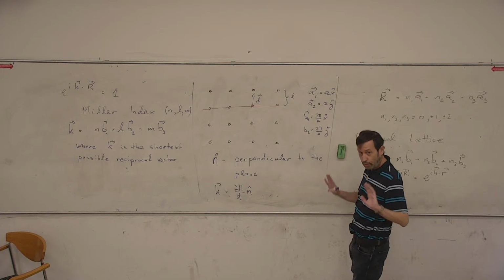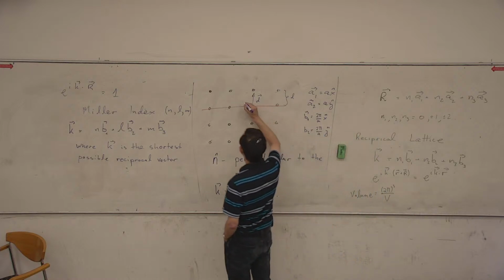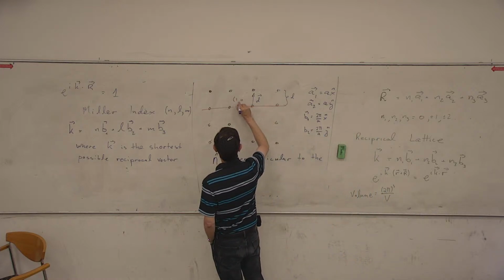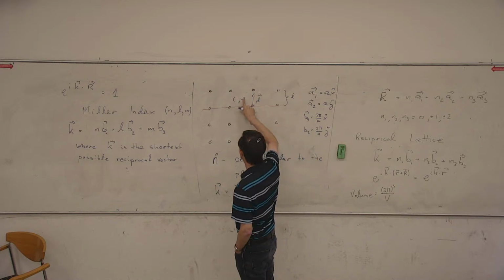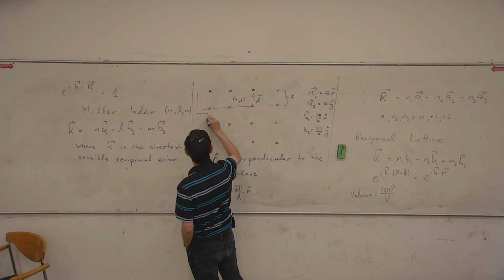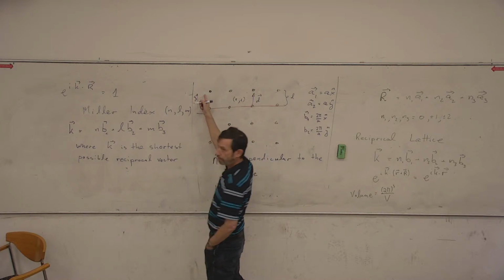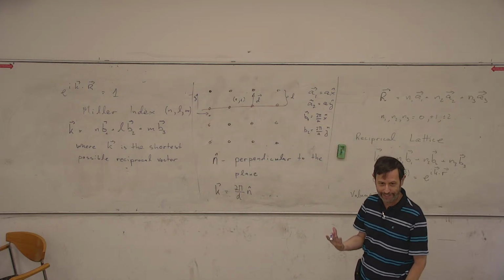Well, I have just two, so I don't need the third. So 1, 0 and 0, 1. Why? Because the perpendicular, well, 0, 1, sorry. Let's choose this as X and Y. The perpendicular vector is in the Y direction.